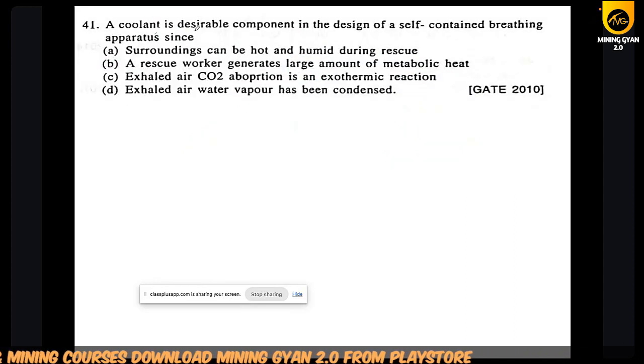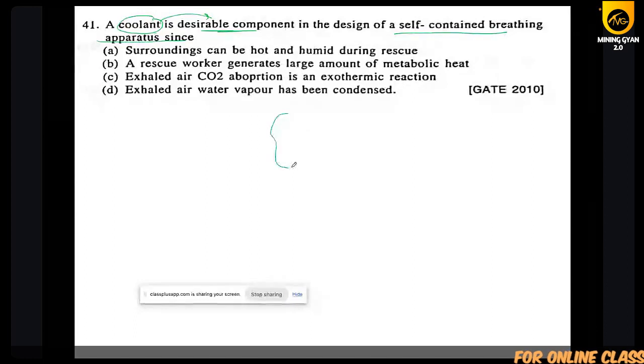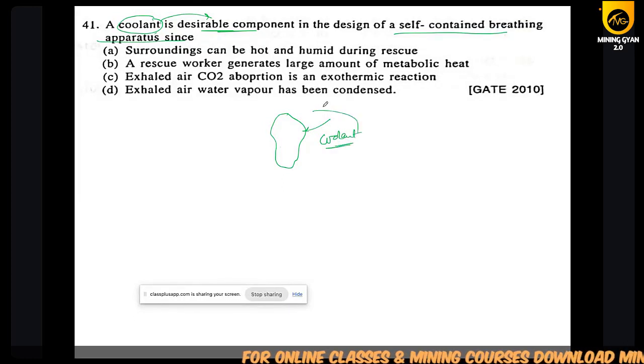A coolant is a desirable component in the design of a self-contained breathing apparatus. Why is coolant necessary in the self-contained breathing apparatus? Because if you are using the self-contained breathing apparatus, there are very hot and humid environments. So if the coolant is present there, it will give a cooling effect.